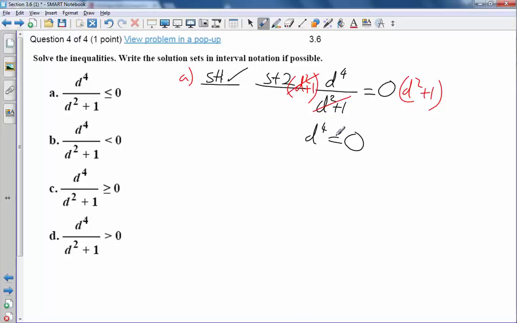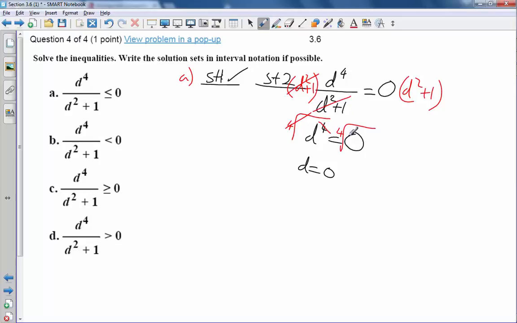If a number raised to the 4th power is 0, what number can it be? What is d? Technically, you are taking the 4th root of both sides. These two cancel. What is the 4th root of 0? 0.